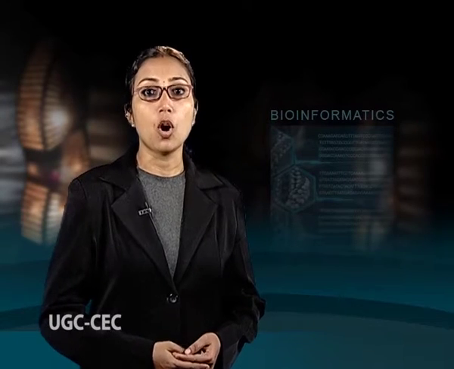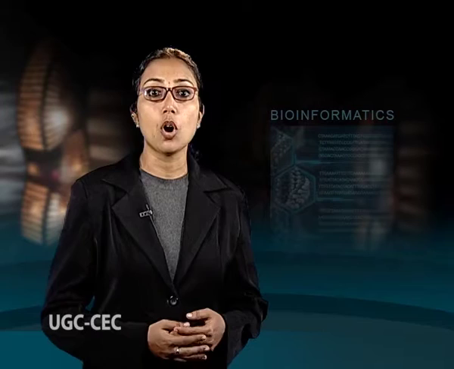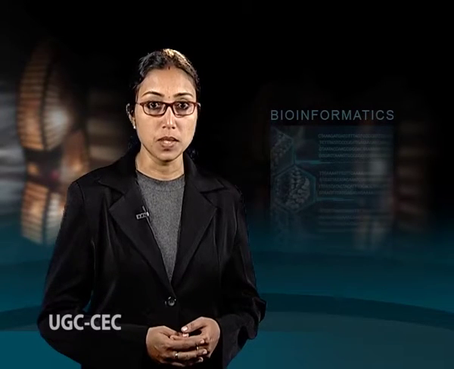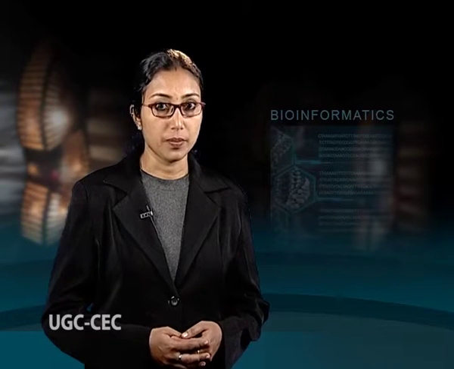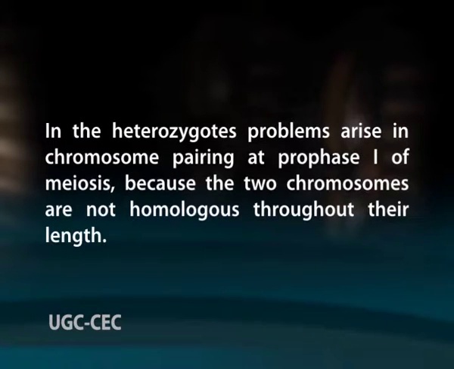An individual homozygous for a rearrangement carries the rearrangement on both homologous chromosomes, and an individual heterozygous for a rearrangement has one unmutated chromosome and one chromosome with the rearrangement. In the heterozygotes, problems arise in chromosome pairing at prophase 1 of meiosis because the 2 chromosomes are not homologous throughout their length.